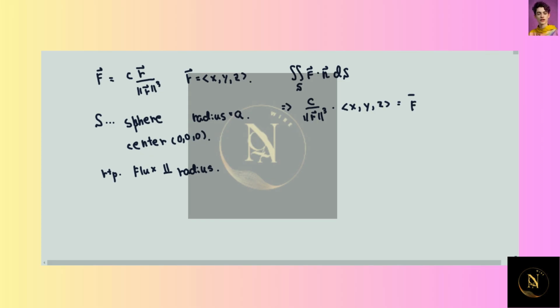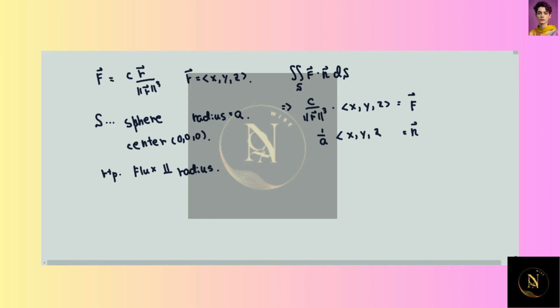Now, as we've done in the previous problems, the normal vector of a sphere with radius a is simply 1 over a times x, y, z.